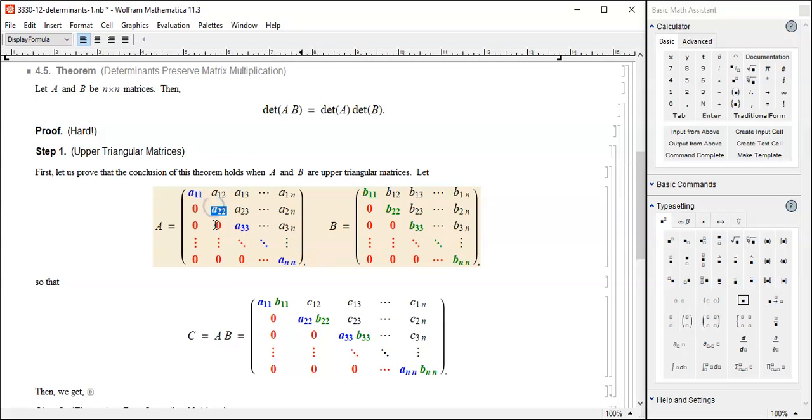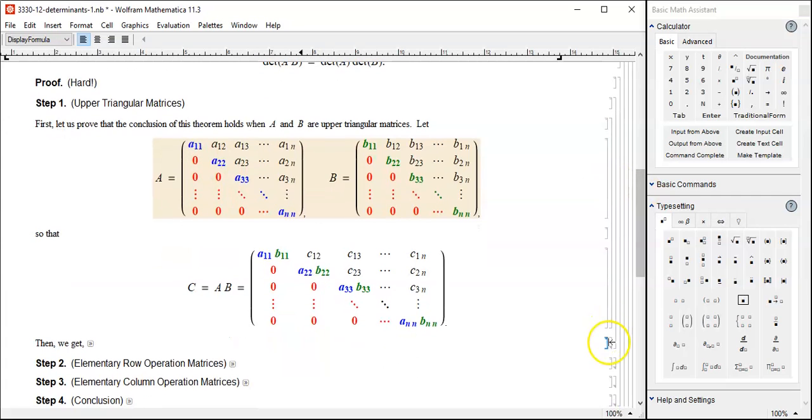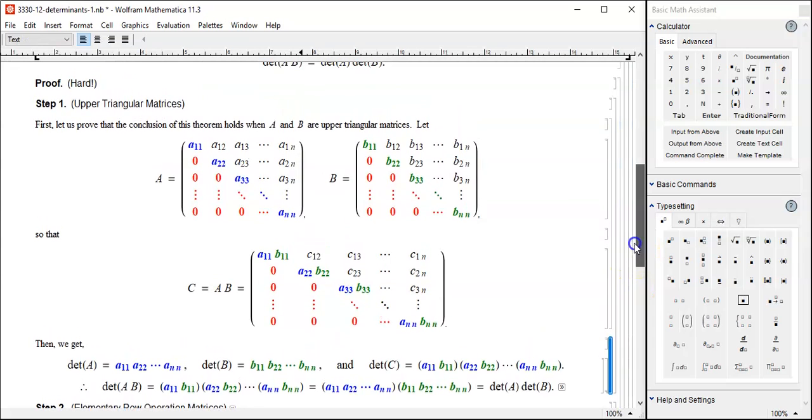We have A22, and then all zero, so we have A22 times this determinant. See the pattern? A33 and all zero, so what's left? This deleted matrix. And this just continues on. So what's the conclusion? The determinant of A should be the product of all those diagonal entries, which are highlighted in blue. See those?